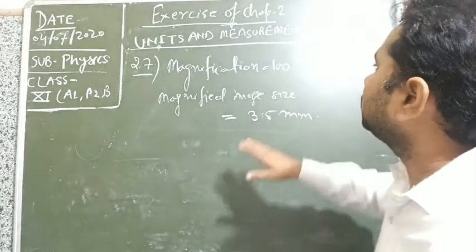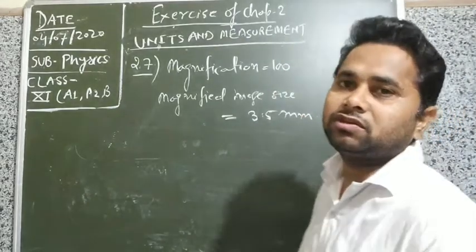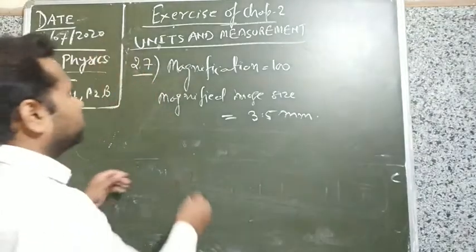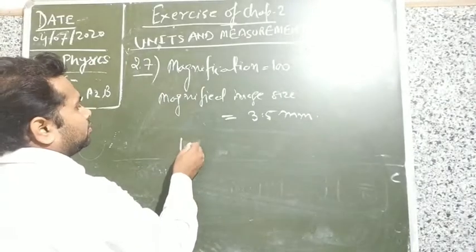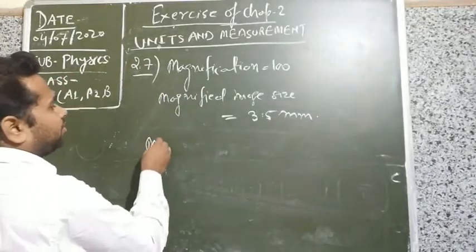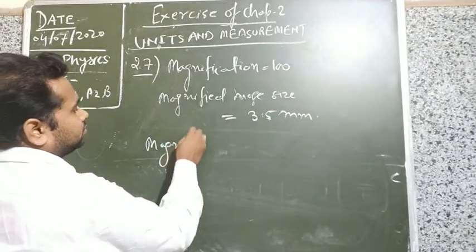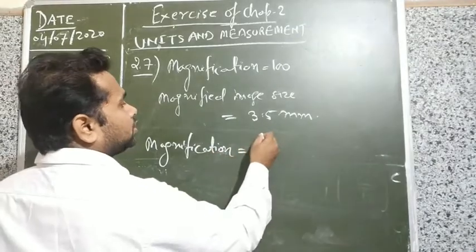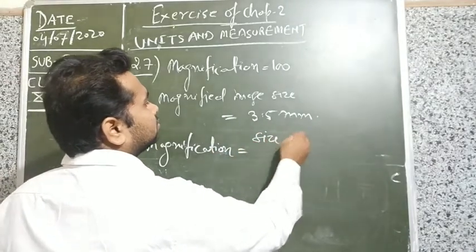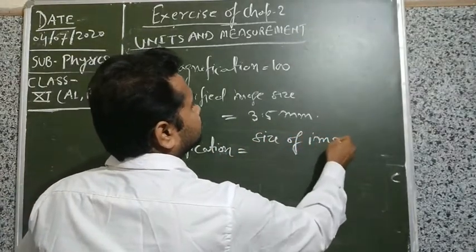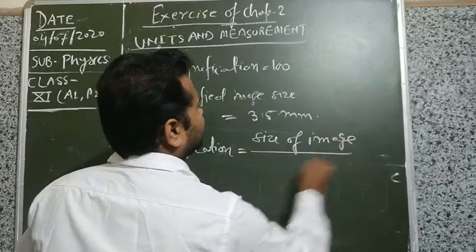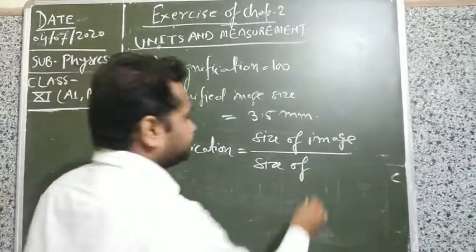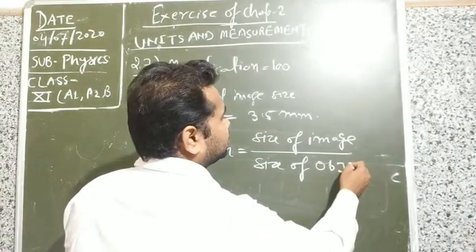So you know the magnification formula: magnification equals image size upon object size. So you can use here the formula: magnification equals size of image upon size of object, means actual size.